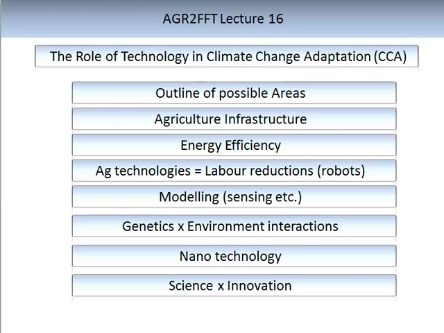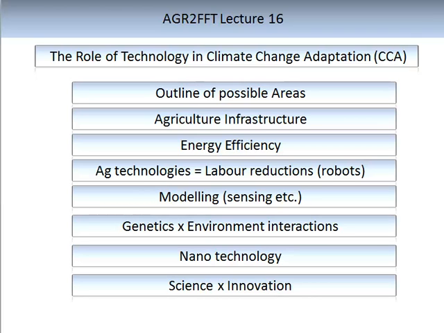Now I'm going to move on and look at the role of technology and research in climate change adaptation. I'm going to outline some of the possible areas where technology may aid in climate change adaptation.